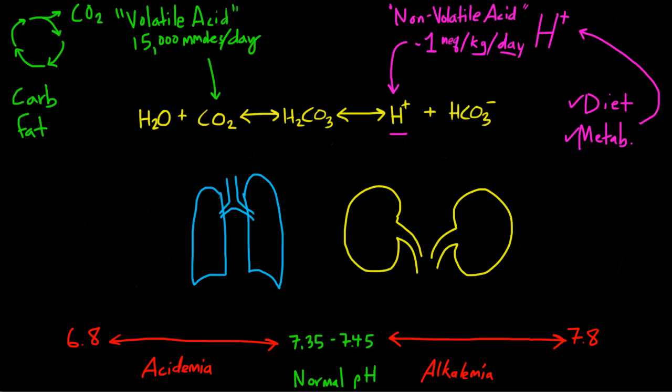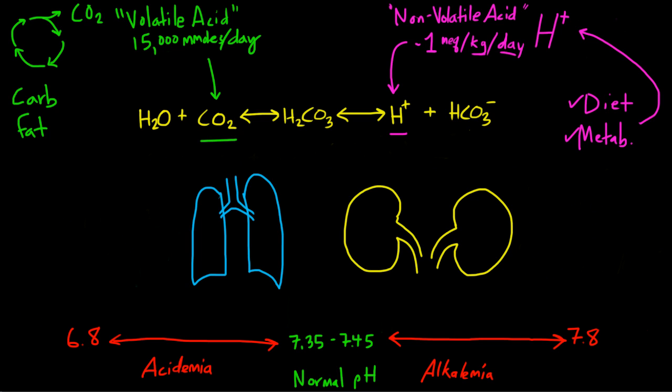And we have to figure out a way to deal with it. This is termed volatile acid because CO2 is a gas, it's volatile, and we can breathe it off if we have a good open system. So every day, we have to handle all the carbon dioxide that's being produced, and all the hydrogen ion that's being produced, in order to maintain our pH in a physiologic range.